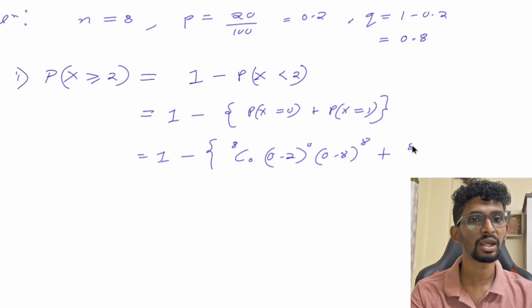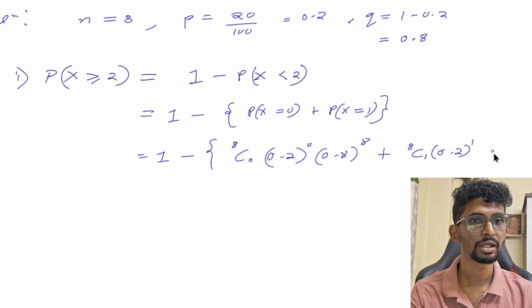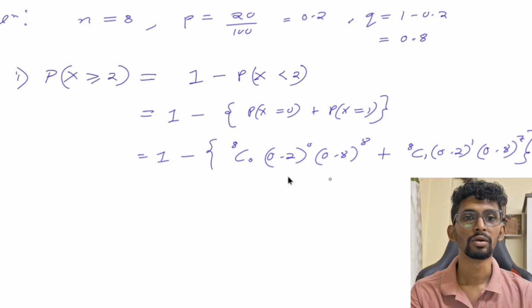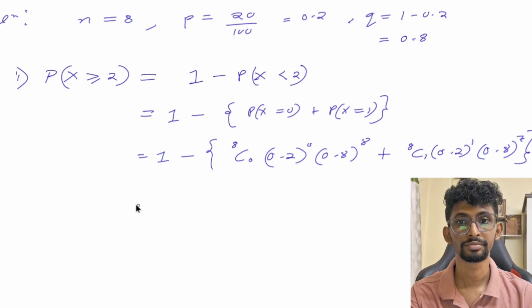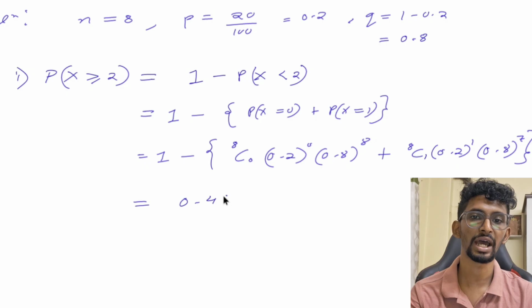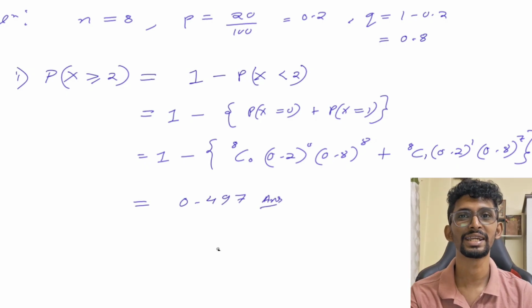That will be 8C1, 0.2 raised to the power 1, 0.8 raised to the power 8 minus 1, that is 7. Now, if you use a calculator and calculate this, you will get an answer of 0.497. If there is any doubt, you can ask me in the comment box. Let's move to the next question.